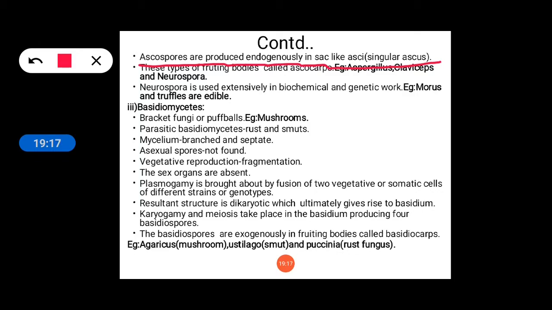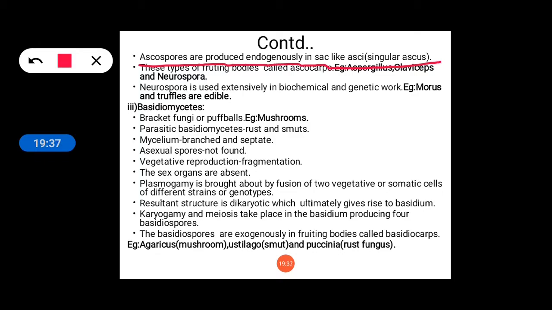So this class of fungi, as there is a presence of a sac-like structure known as asci, are known as sac fungi. These types of fruiting bodies are called ascocarps.